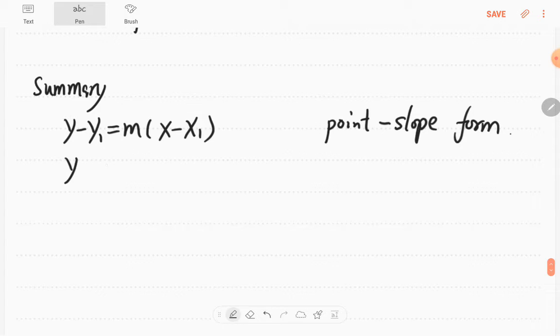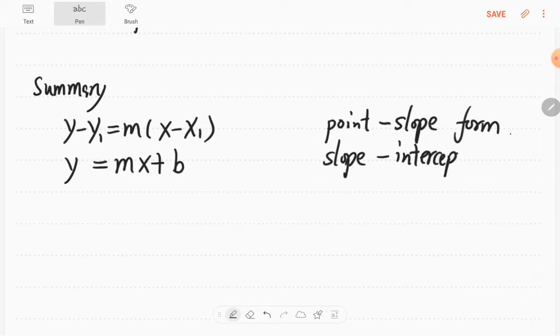If you have y equals mx plus b, this is called the slope-intercept form. We also have, as we said at the beginning, the straight line can be written as ax plus by plus c equals 0.